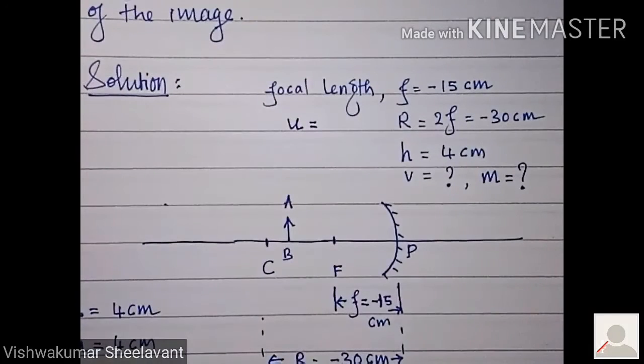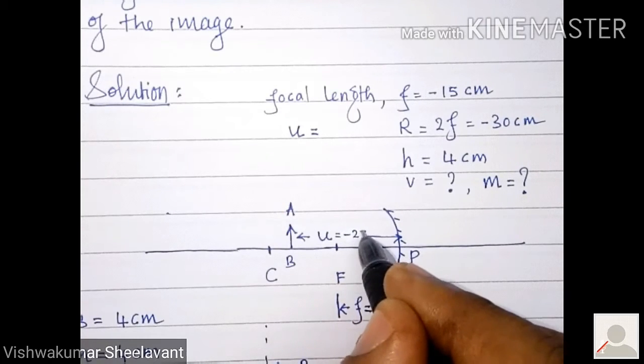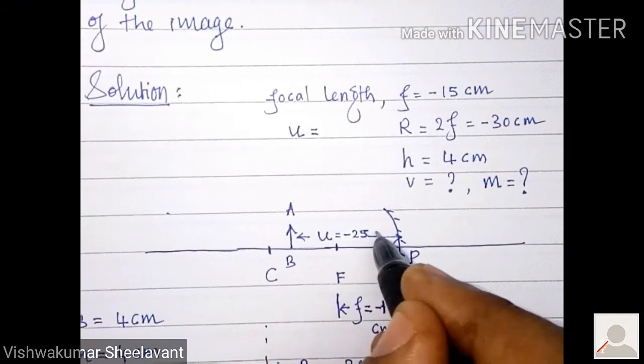What is object distance u here? u is minus 25 centimeter.